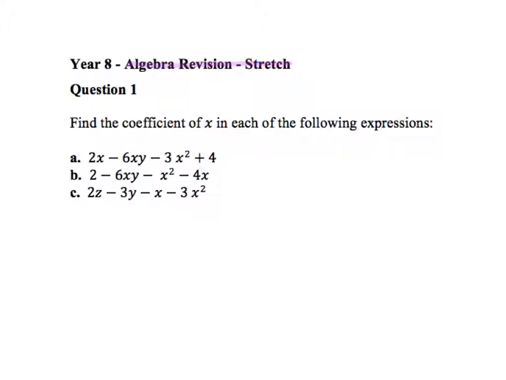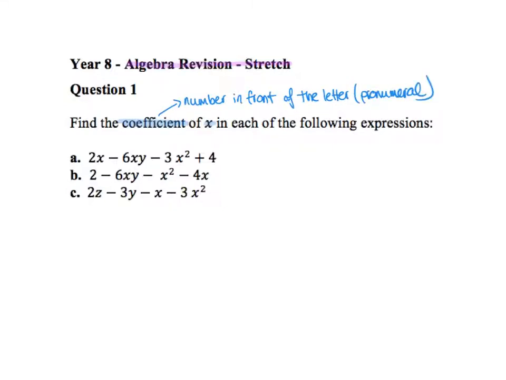It says find the coefficient of x in each of the following. Now coefficient is the number in front of the letter. So we're looking for just the number in front of the letter, or we sometimes say the letter, but in maths we call it a pronumeral. So we'll do this.